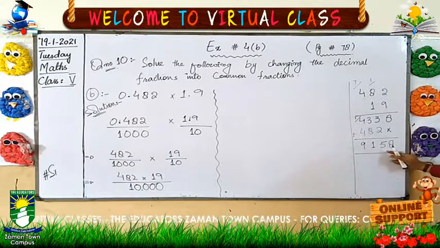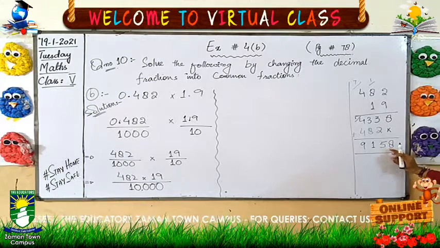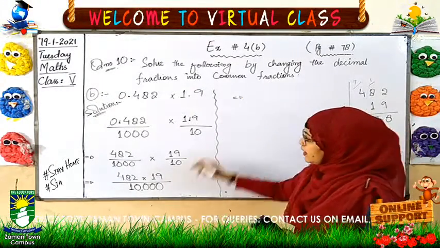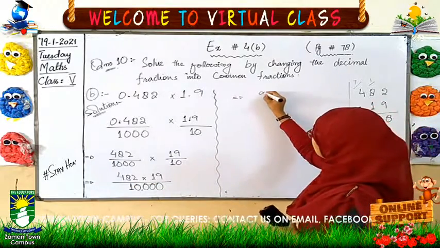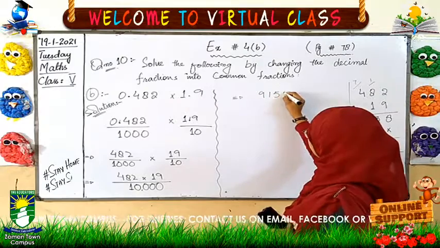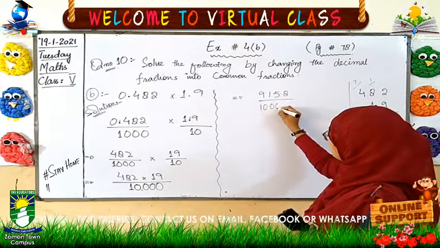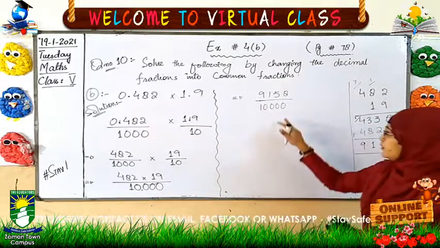Okay. 9158. After multiplying 482 by 19, we will get 9158 divided by 10,000. This denominator will come as it is here.